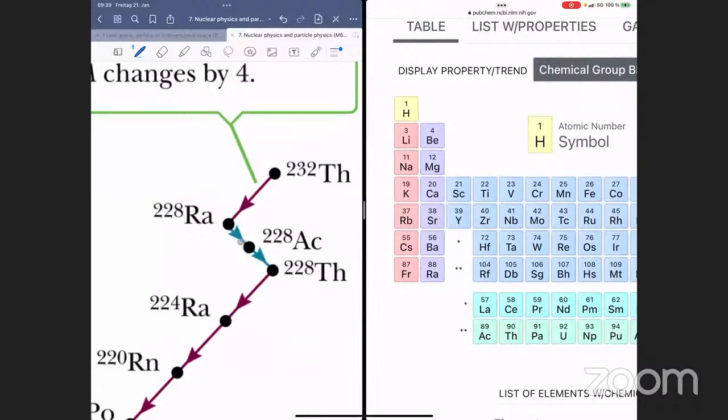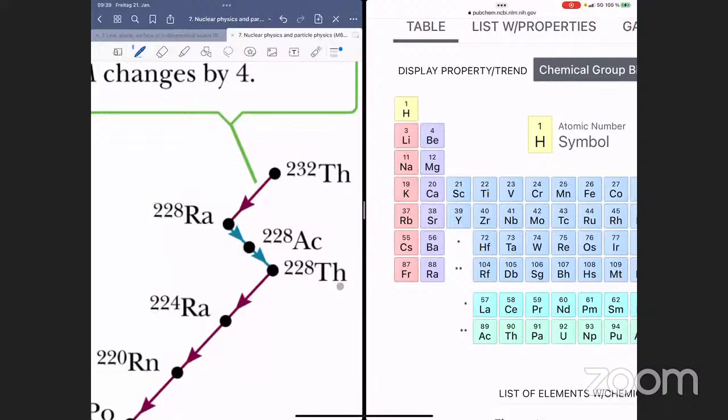And once the time goes by, actinium that has 228, still 228 nucleons inside the nucleus, one of the neutrons turns to be a proton. So from 89, we get one more proton, we get 90 protons. Now the element changes itself to thorium 228.